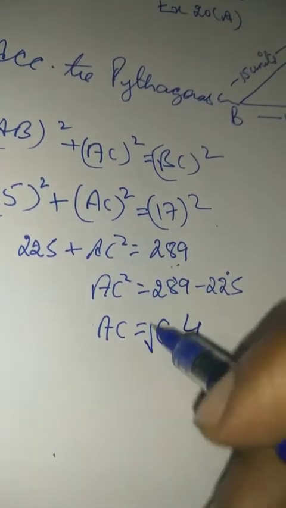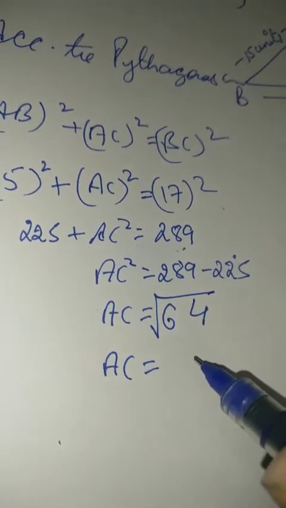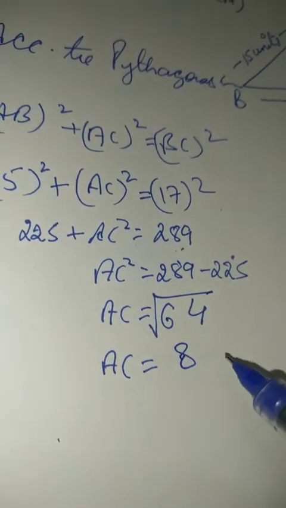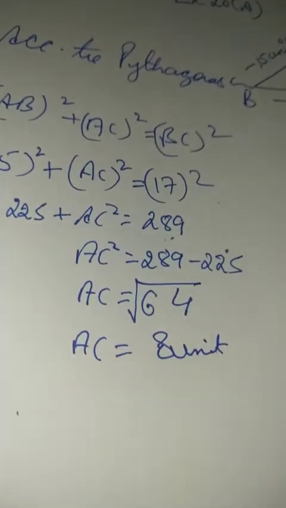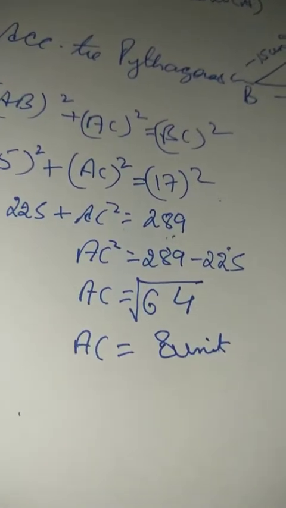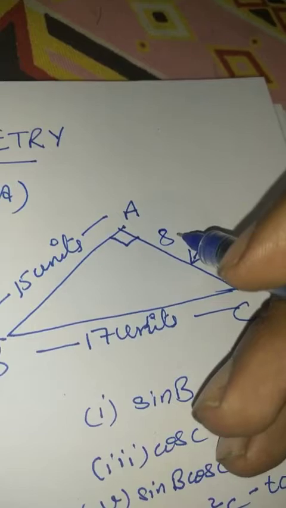The square will be removed and we are going to place an under root. So AC will be equal to plus minus 8? No, only 8. Why? Because this is pertaining to a length and length can never be negative. So we will write down only the positive value of this side. So yes, now AC comes out to be 8 units.